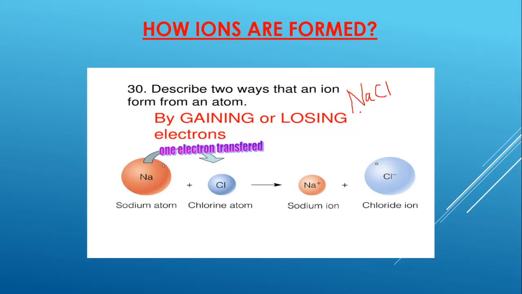When the sodium atom loses the electron, it is received by the chlorine. And this chlorine atom forms what? It forms an ion.